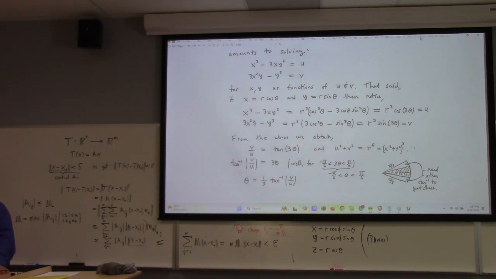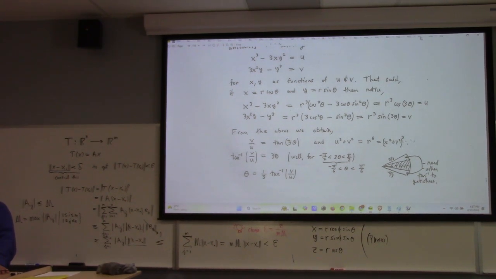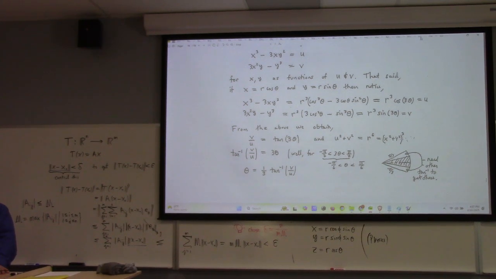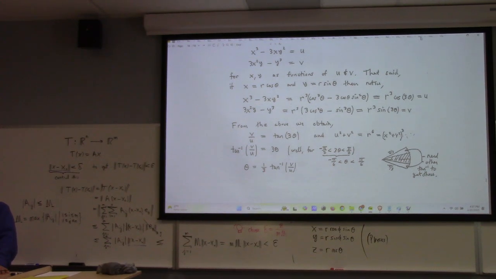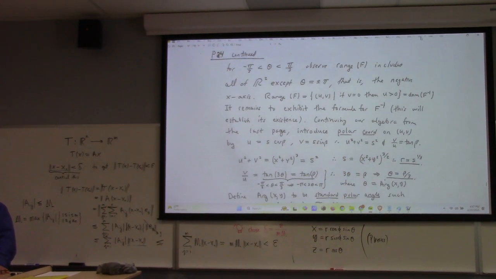If you guys got stuck solving it in Cartesian, not surprising. It's very, very hard to solve directly through Cartesian methods. If you change to polar coordinates, though, and you do the appropriate trigonometry, it gives you this and that, and then you can solve it for inverse tangent, and so you get through it.